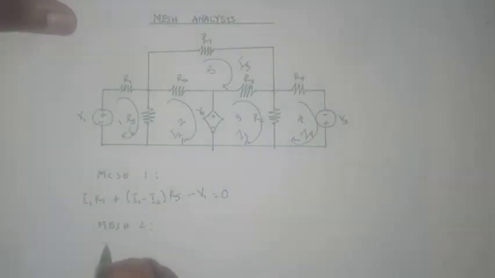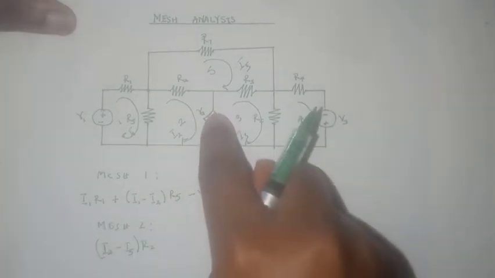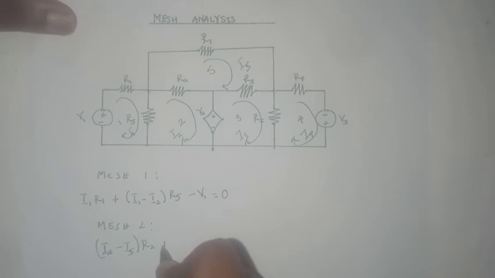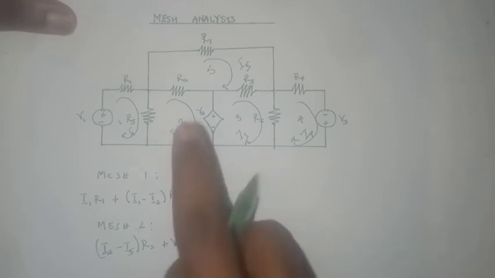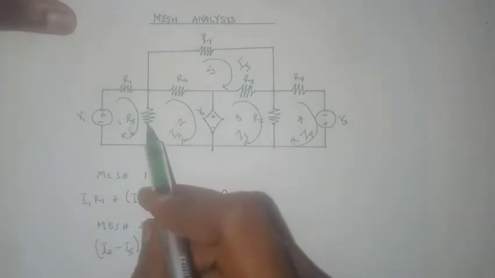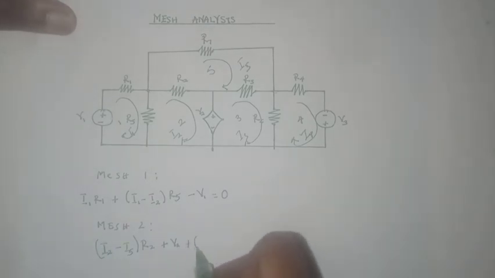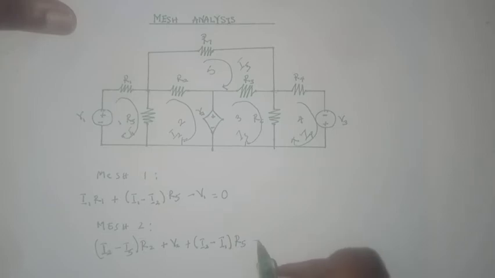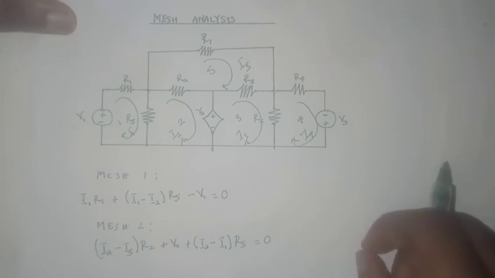So we have (I2 minus I5) multiplied by R2, then plus V2, which is a dependent voltage source. Then we have plus (I2 minus I1) multiplied by R5. Then we equate it to 0, and that is the equation for the second mesh.